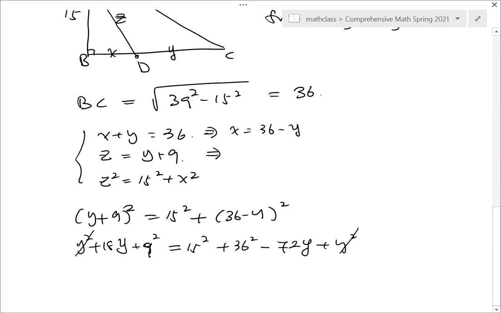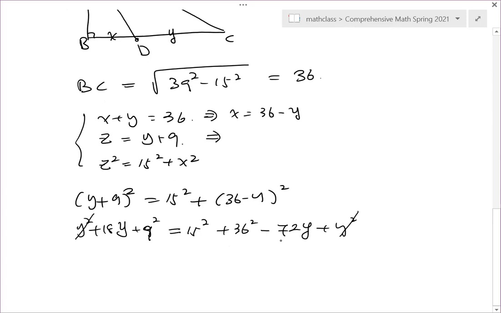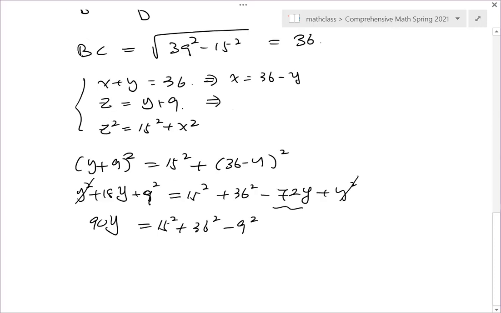Then you move this term to the left-hand side. So plus 18y plus 72y, 90y equals 15 squared plus 36 squared minus 9 squared. Then you solve it. And let's finish the computation.